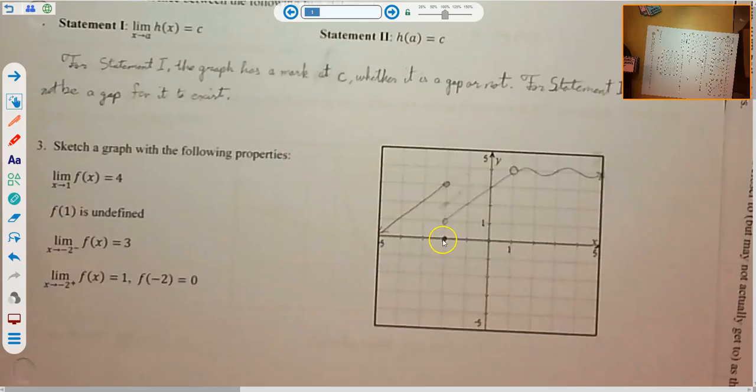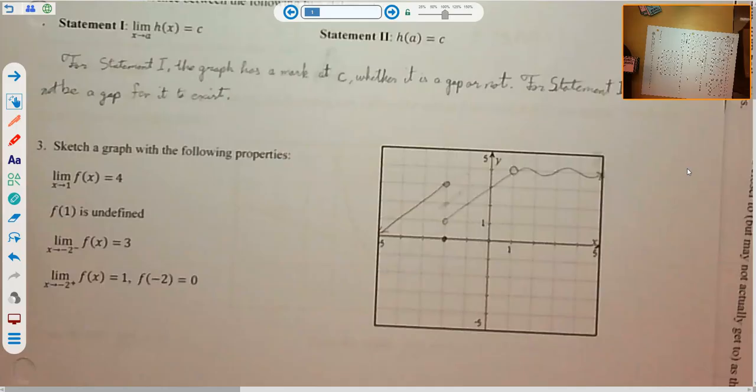So he's got this point down here. That's his f of -2. That equals 0. Okay, so I think Michael has covered everything that he needs to cover here. The parts in between all of those points don't really matter that much. He used a straight line here, a straight line here, and then maybe a sine curve over here, right? Looks great. Doesn't look quite the same as some of your other ones.